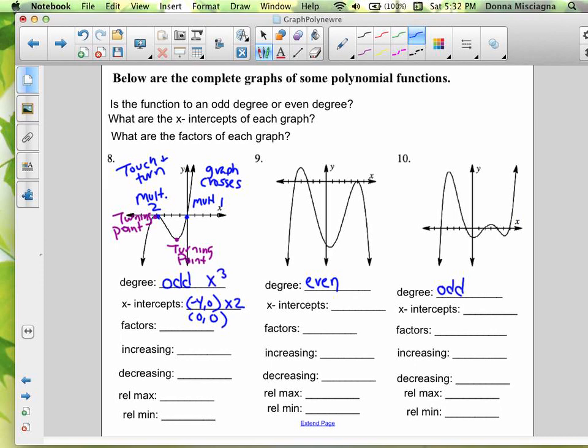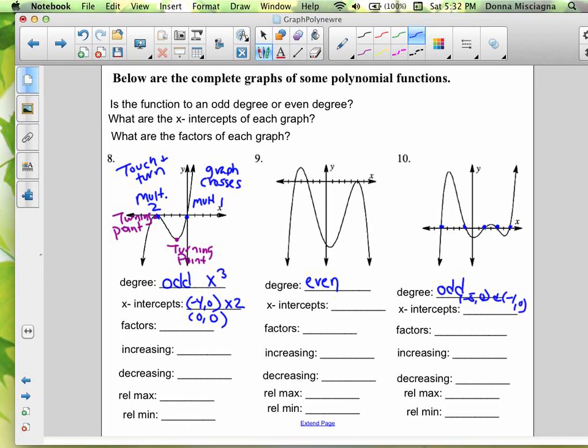So let's go to our other odd graph. This one has 1, 2, 3, 4, 5 x-intercepts. And we can write down the x-intercepts. The x-intercepts are negative 5, 0, and negative 1, 0.